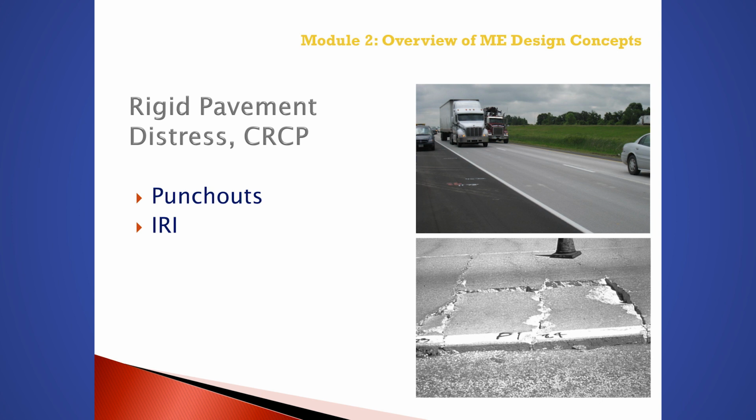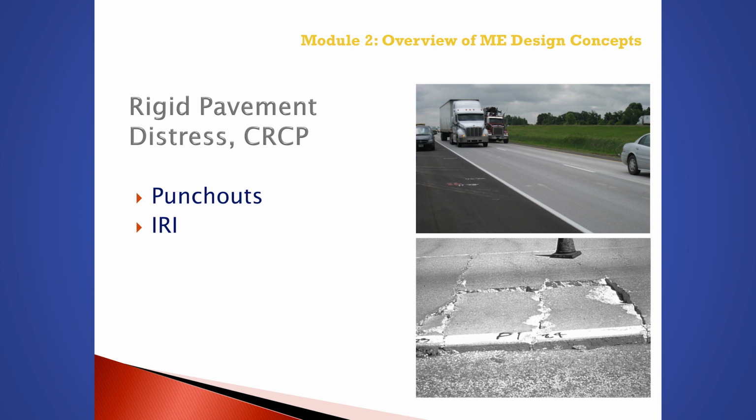The IRI is also predicted for CRCP, but will be included at the end of this section because it is considered a performance indicator that is applicable to all pavement types. More importantly, similar to JPCP, no mechanistic response is used to predict IRI over time for CRCP.